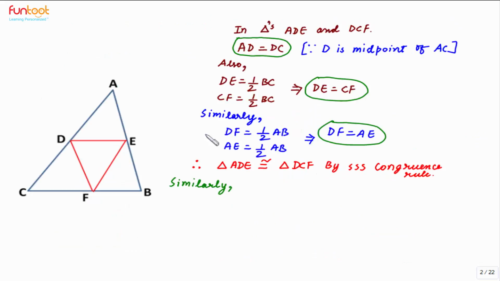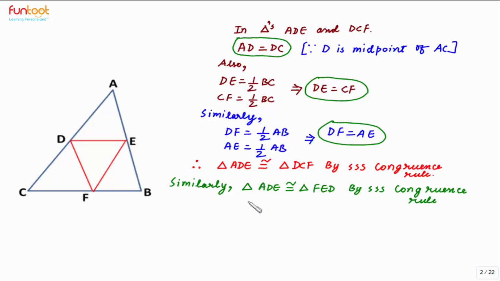Similarly, as we have done here, we can prove that triangle ADE is congruent to triangle FED. That means this triangle is congruent to this triangle, once again by SSS congruence rule.